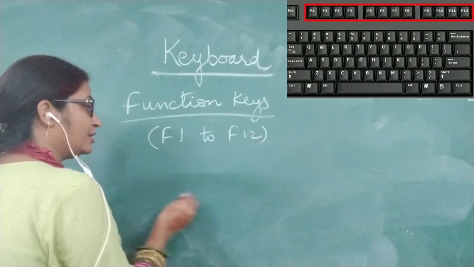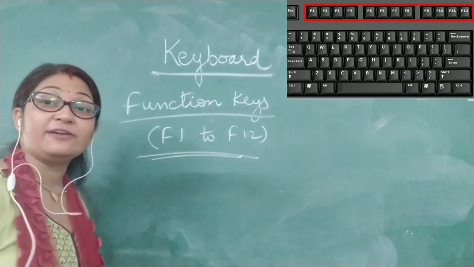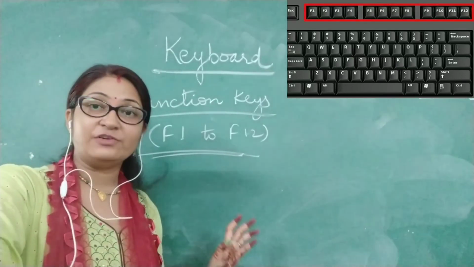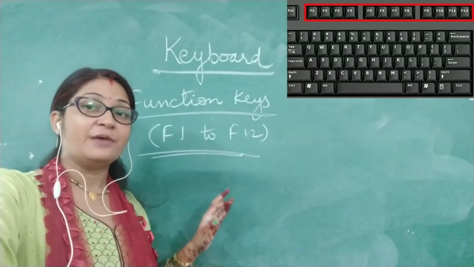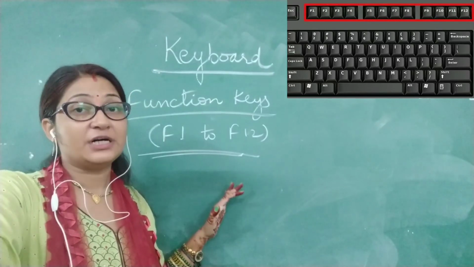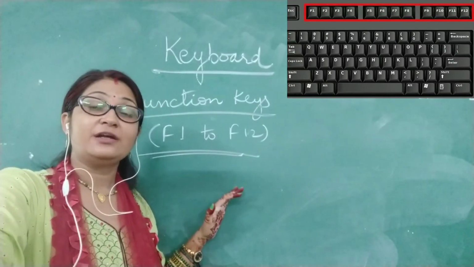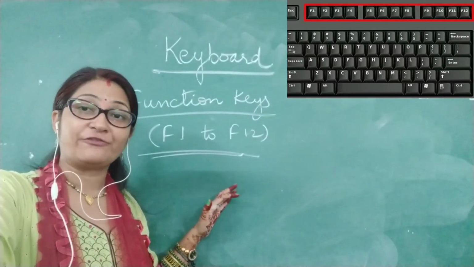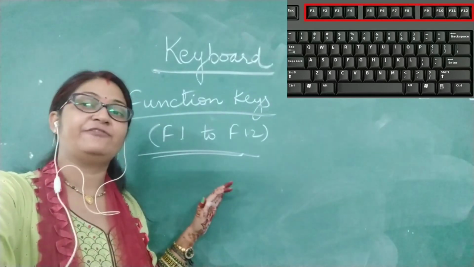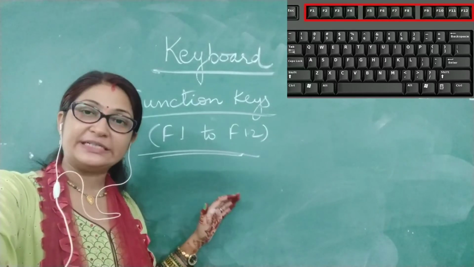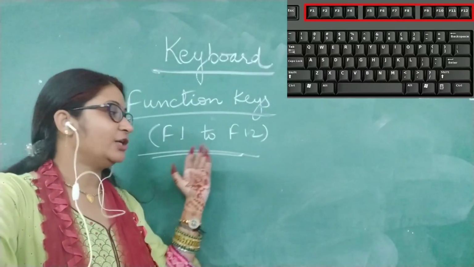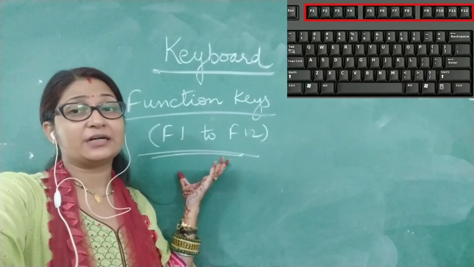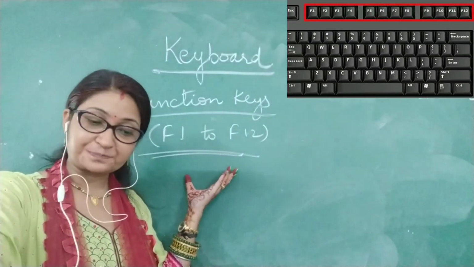In all, how many function keys are there? So 12 function keys are there. We will not go into the detail of this, because these keys work according to the software they are meant for, and will work differently in different softwares. Just keep in mind that there are 12 function keys which work according to the software.